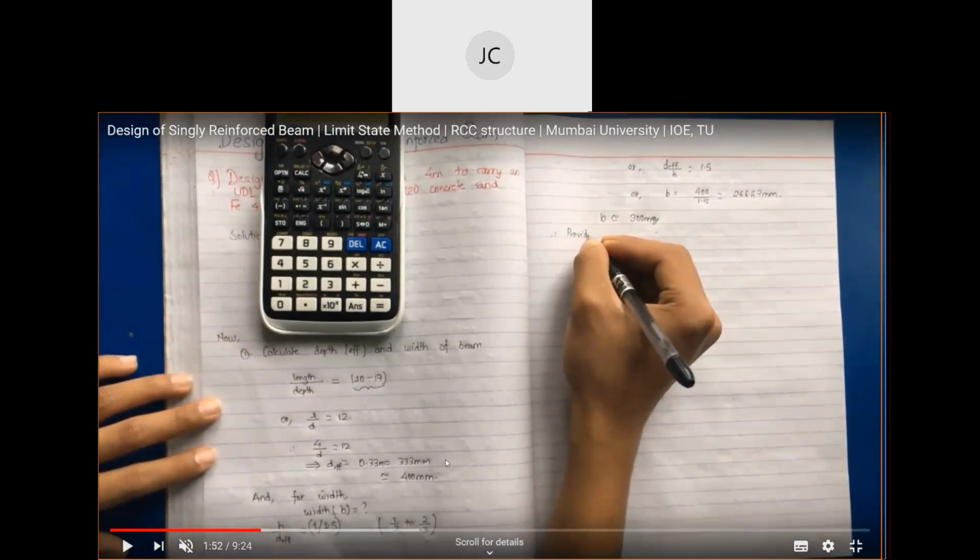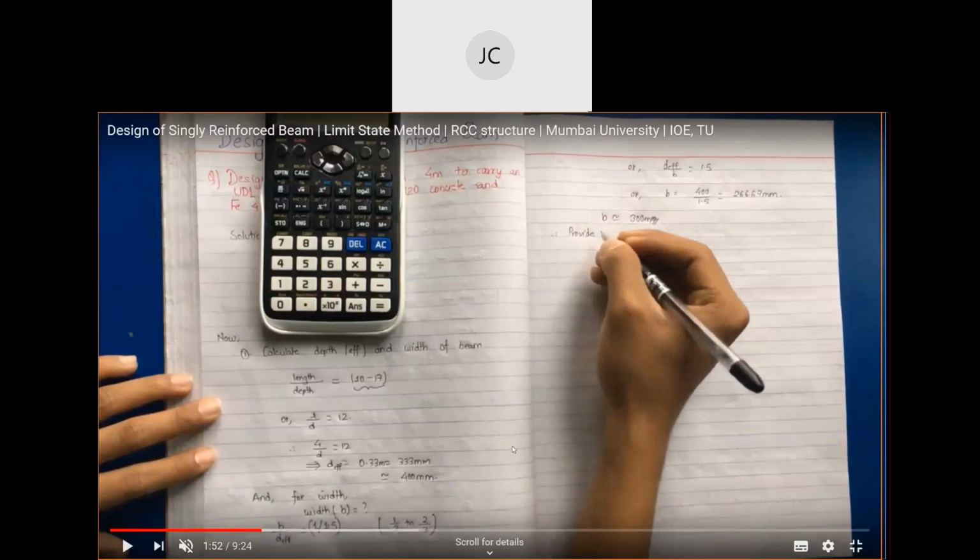After getting the value of effective D, we have to find out the width. B by D ratio should be approximately half to 2 by 3. So D by B equal to 1.5.